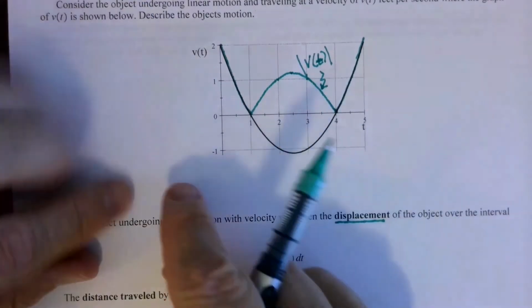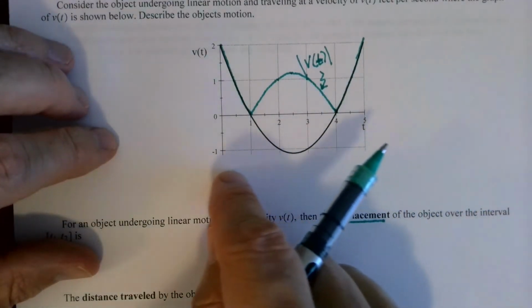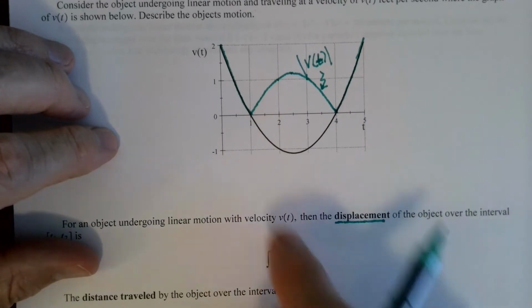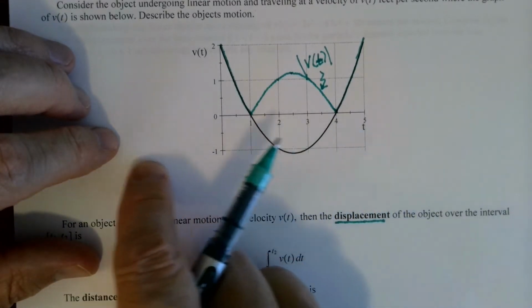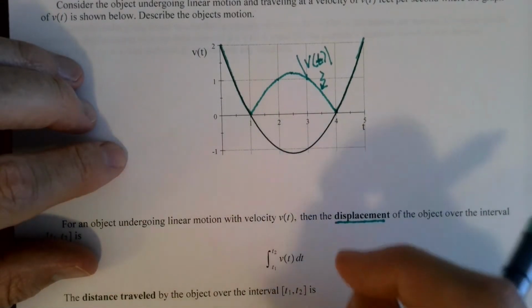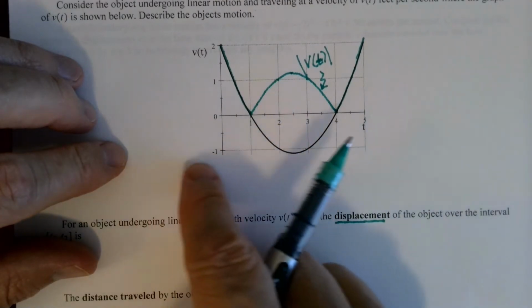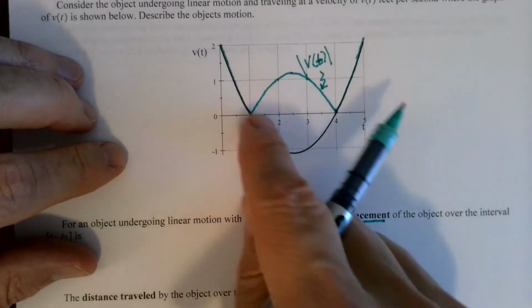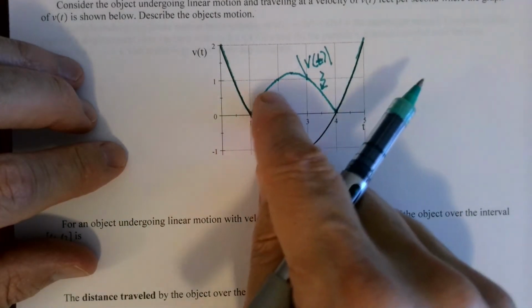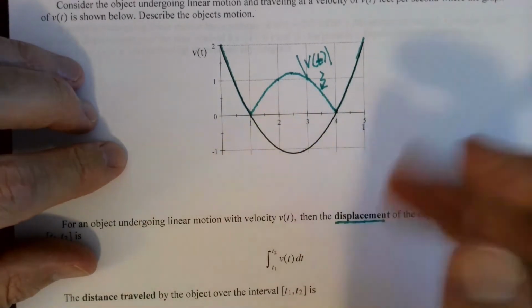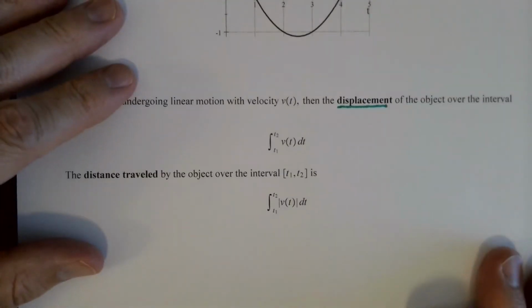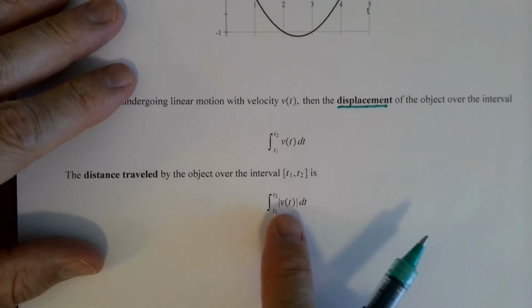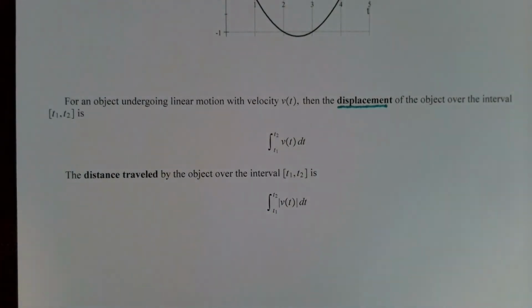When we're moving to the left, the displacement is going to count that as negative area, and we're going to have a displacement near 0, for instance. Now we move to the right, it will accumulate positive area, and when we move to the left, since we're taking the absolute value, that also will accumulate positive area. And so we'll get the total distance traveled. So you have to remember how to integrate absolute value functions. We did that earlier. Let's take a look at an example of this then.